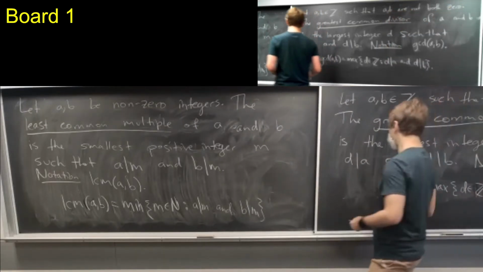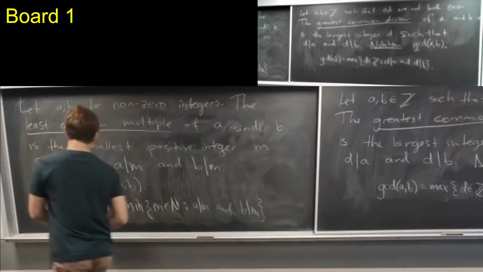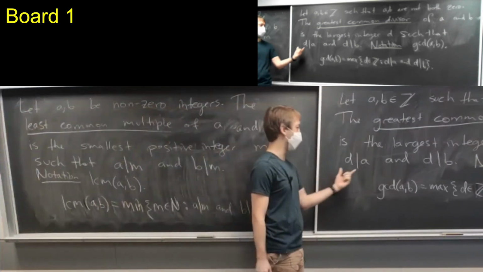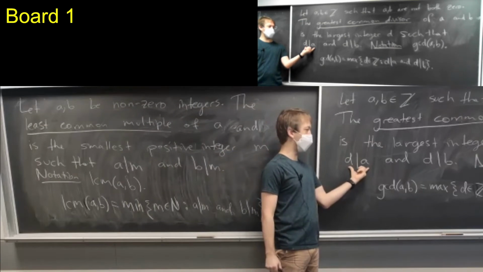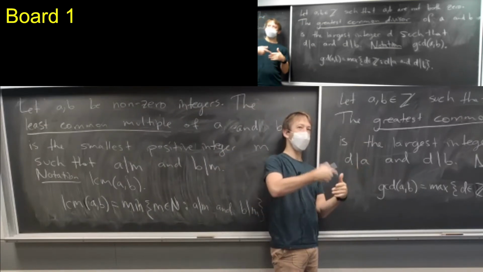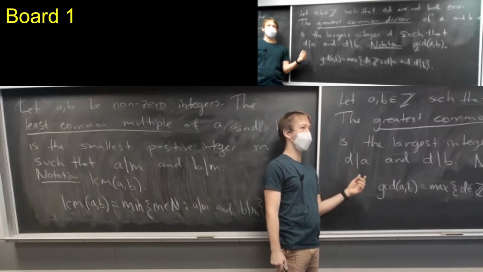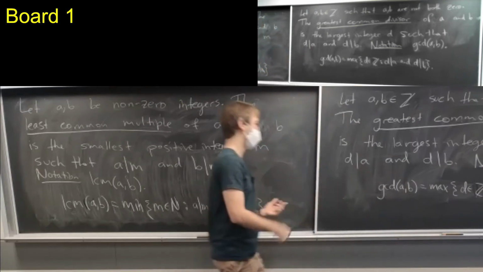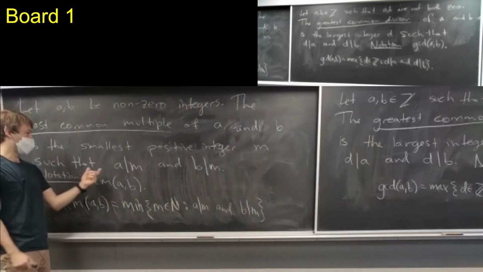Okay, so it's kind of like, these things are kind of related, right? But here I'm taking the biggest number that goes into A and B with no remainder. So the biggest thing that divides both of them. Here I'm taking the smallest thing that they both divide.